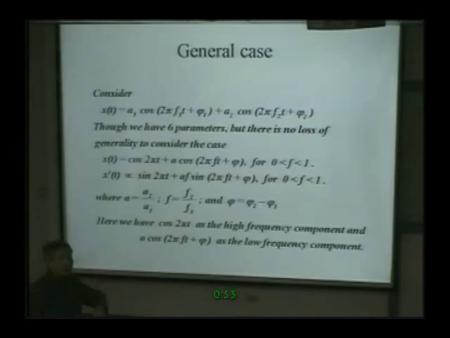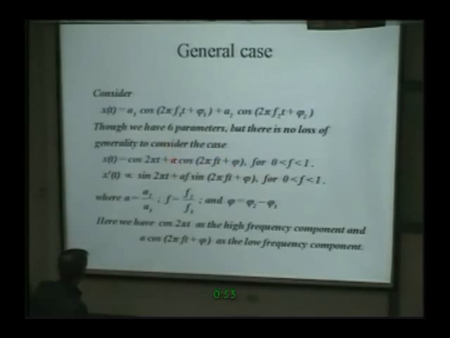So he rearranged this signal into a simpler form: A cosine 2 pi t, that's frequency 1, 1 radian, plus cosine 2 pi F t plus phi. So we only have 3 variables: A, F, phi.